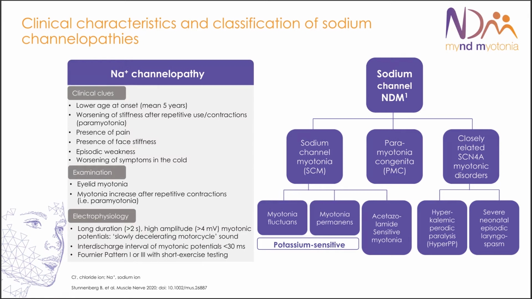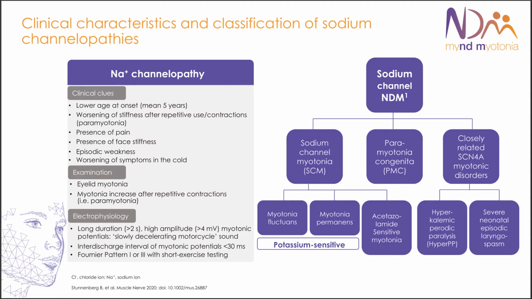On examination, you may see eyelid myotonia increasing after repetitive contractions, which is called paramyotonia because it's opposite to the myotonia we see in chloride channel disorders.